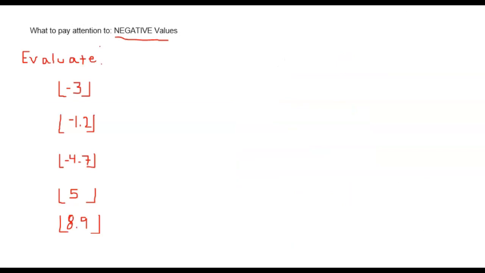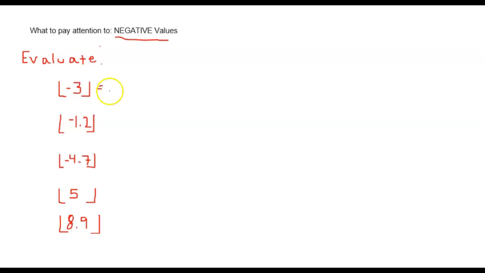What you want to pay attention to when we're using the greatest integer function are negative values. The tricky thing here is that we're rounding down, so we need to make sure that we're going down when we're thinking about negative values. And sometimes we've got to remember the number line.